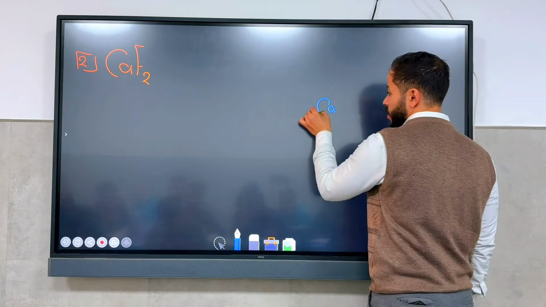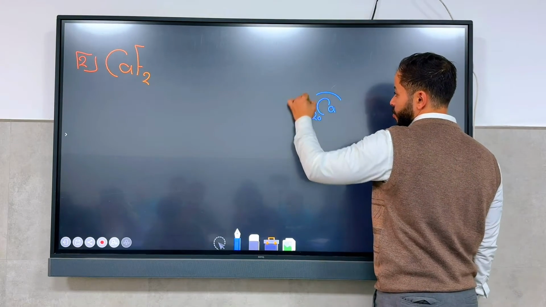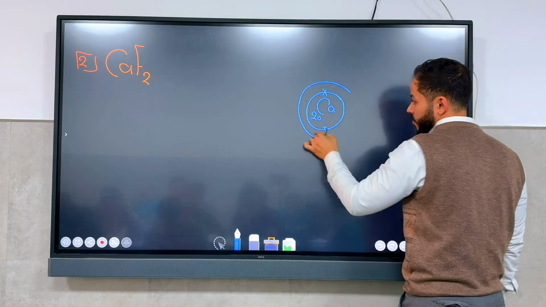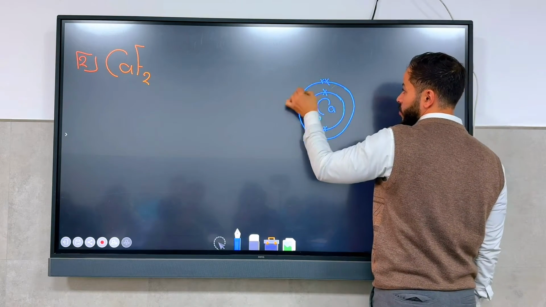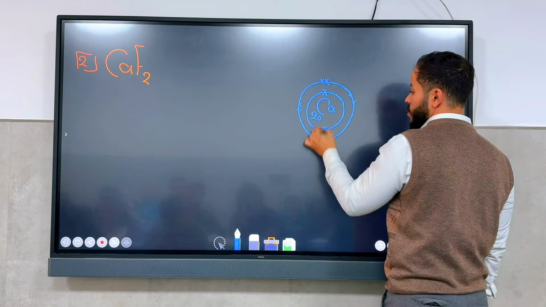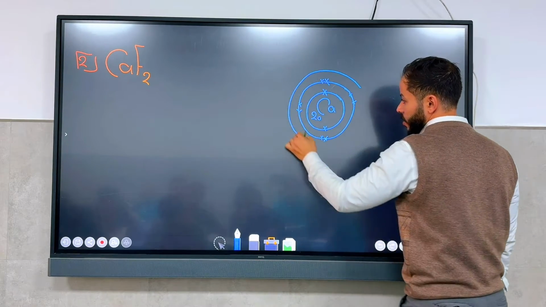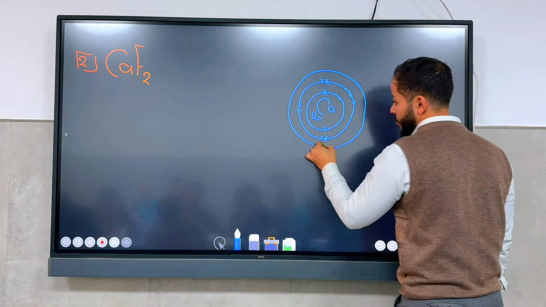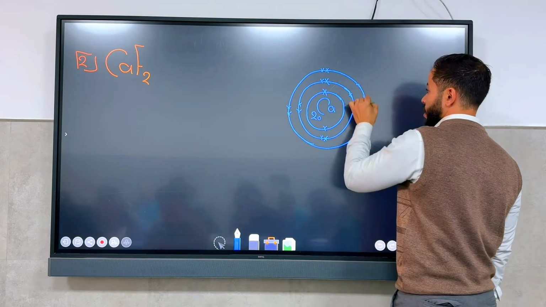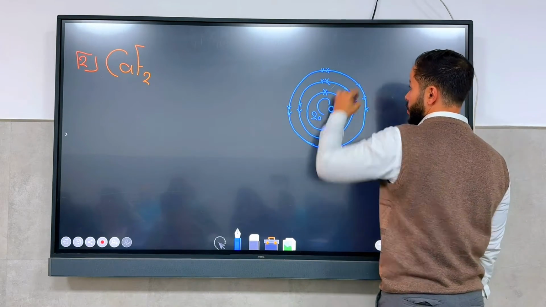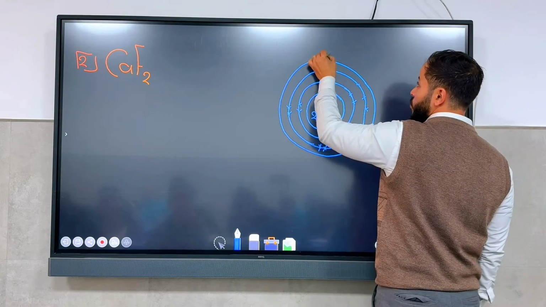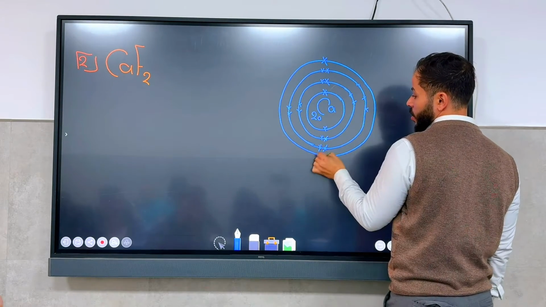So if we represent this 20, the first shell has 2 electrons, the second has 8, the third has 8, and the last has 2. 1 here and 1 here.